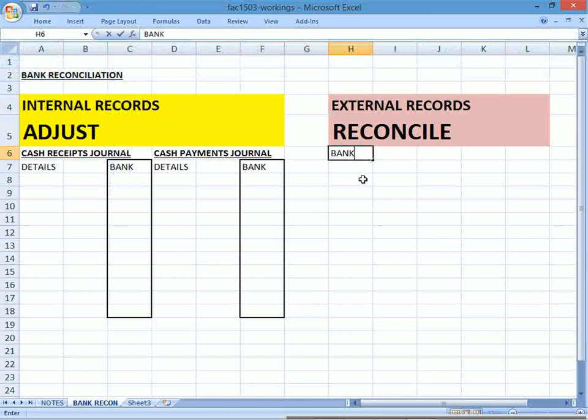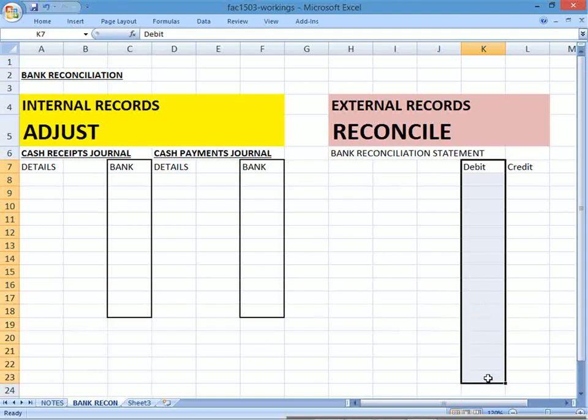What does the bank reconciliation statement look like? Well, it's just a debit and a credit column. You'll have a debit column, you'll have a credit column, and that's it.